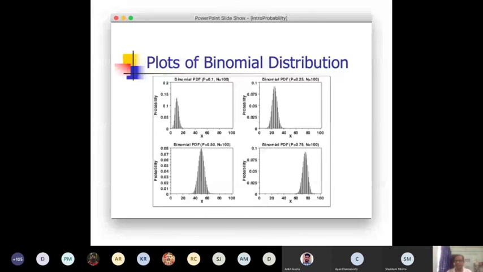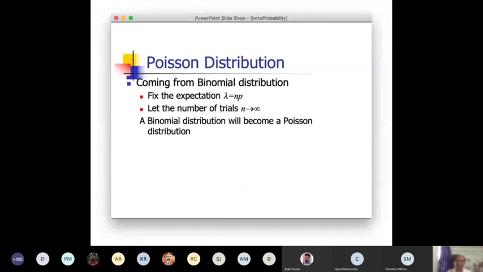So there is another distribution which is called Poisson distribution. It is also a kind of special case of binomial distribution. Here also we are assuming that n is tending to infinity, but we are fixing the expectation to a particular value lambda.